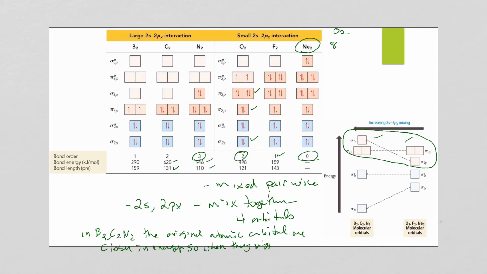If I look at the antibonding orbitals, I have my pi star here, I have my sigma star, I have my sigma, and then I have my pi 2p star with electrons. And they have a total of 2, 4 electrons. 4 electrons in antibonding. So that's how we come up with this.